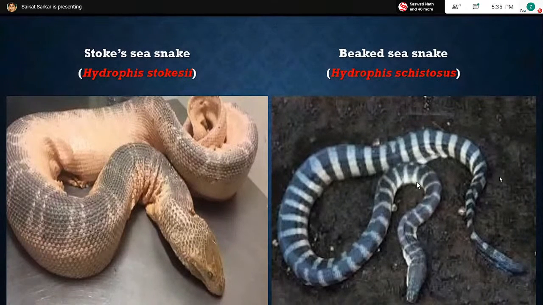Earlier it was known as Enhydrinus cystosus. Now this specimen is having very toxic venom, very, very deadly toxic venom. This one is also having very toxic venom. Although, leaving one or two exceptions, all the sea snakes are deadly.